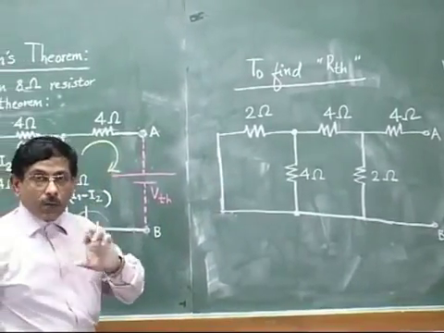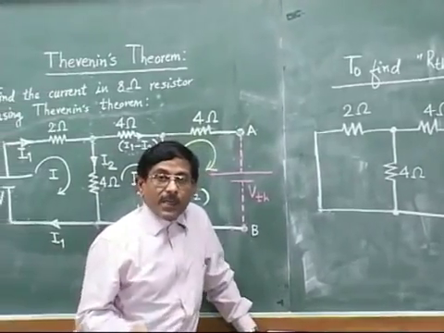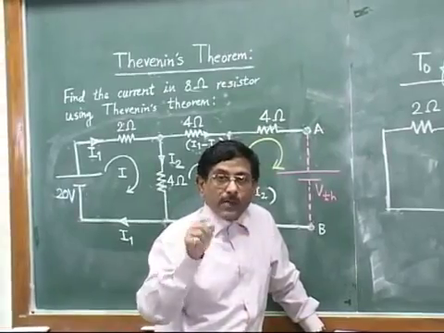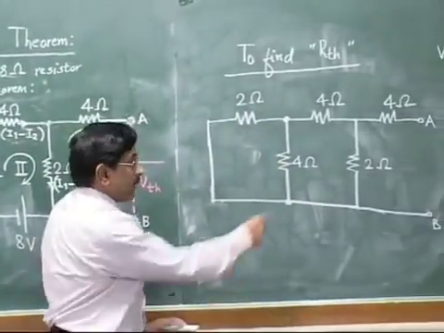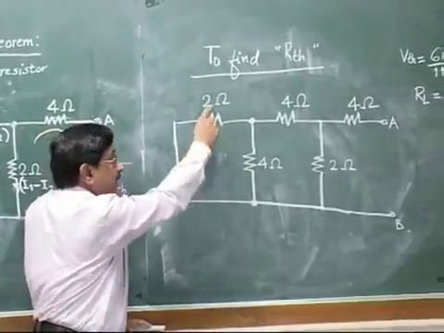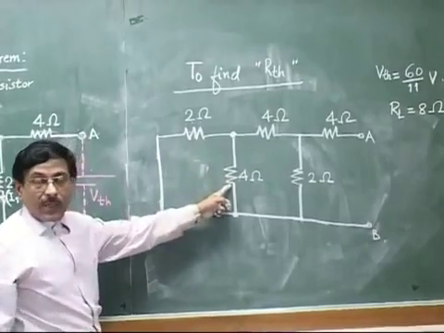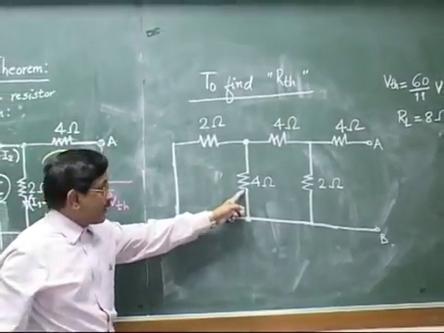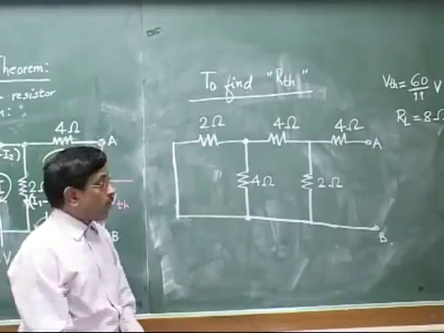If R1, R2 are in parallel, the net resistance is R1 R2 divided by R1 plus R2. So 4 times 2 is 8, divided by 4 plus 2 which is 6. Final answer 8 by 6, which is 4 by 3.